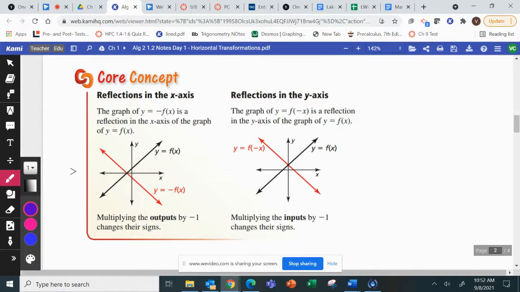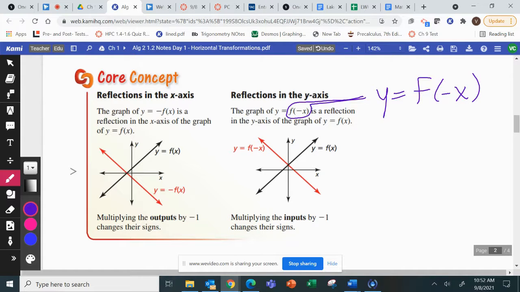Okay, so reflections in the y-axis. Yesterday, I'm pretty sure we went over this, but sometimes I forget what happened in one day. Reflections of the y-axis have a negative sign on the inside of the function.